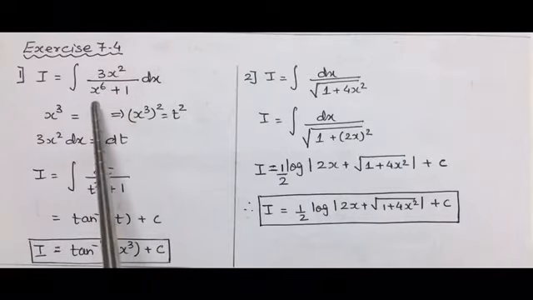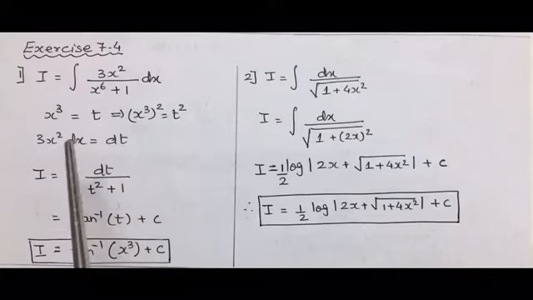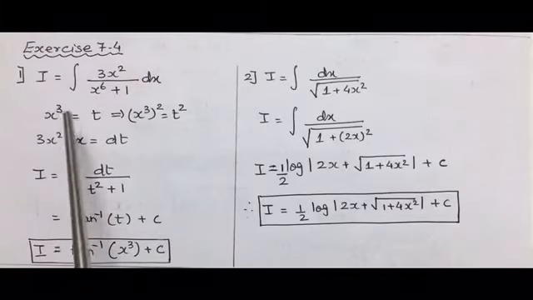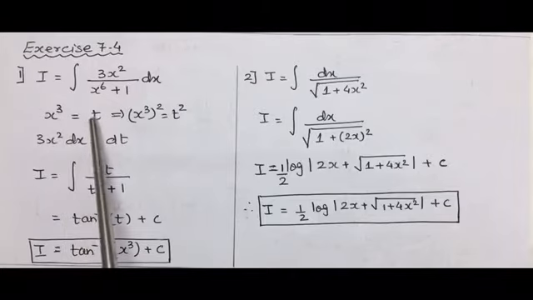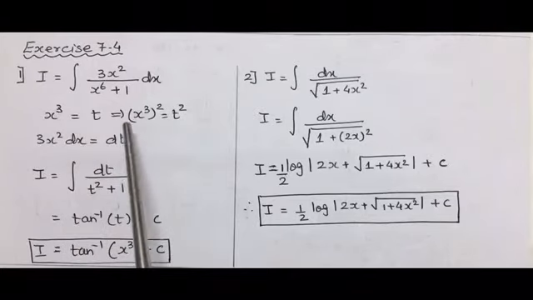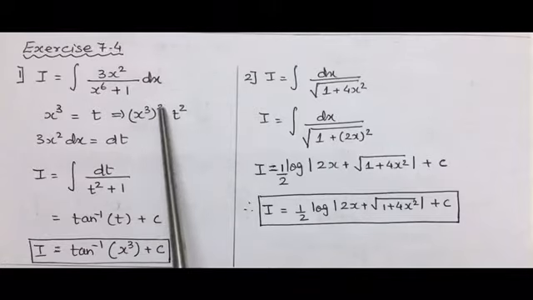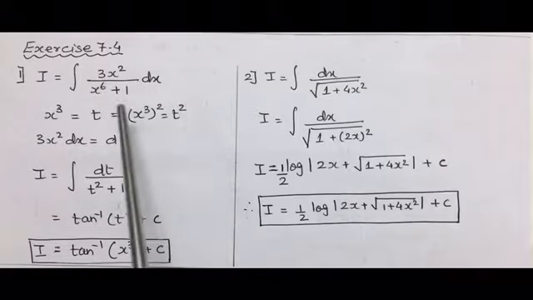But here x is raised to the power 6. x is not raised to the power 2 for using the standard integration. So for that we will assume x cube is equal to t. Now why is x cube assumed to be t? The reason is, to get 6, we can multiply 3 with 2 and t will become t square.